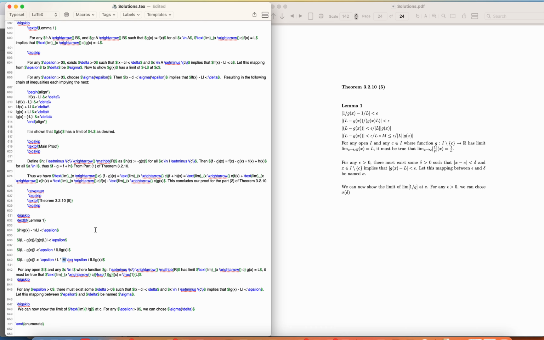We would need a bigger M, because if M was greater than the absolute value of g(x), then this value would be less than or equal to this value, because with a larger denominator you get a smaller value. So effectively we want M greater than or equal to |g(x)|, which is perfect because we do have something that says that.